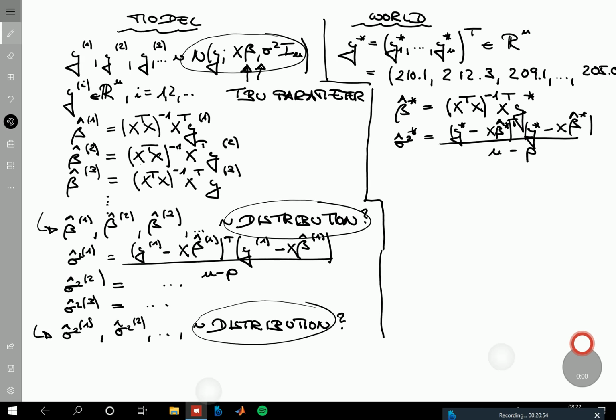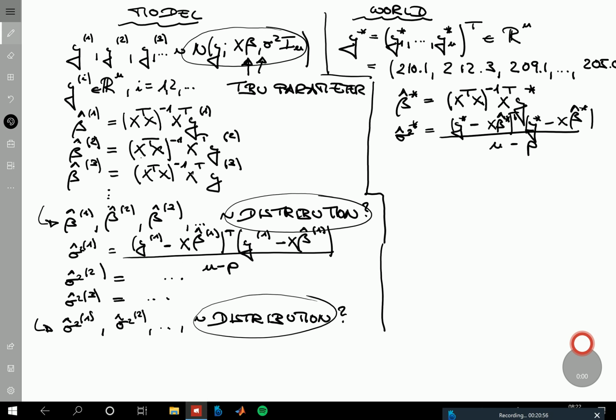But first we want to talk about now the distribution of the beta hat, of the beta parameter estimates and of the variance parameter estimates. So far so clear? Good.